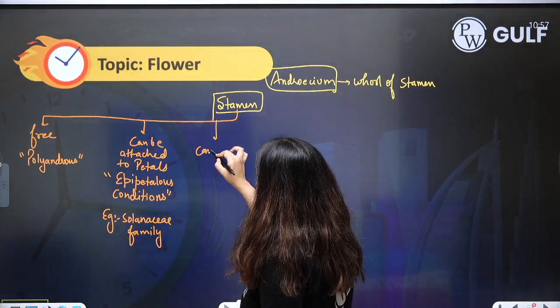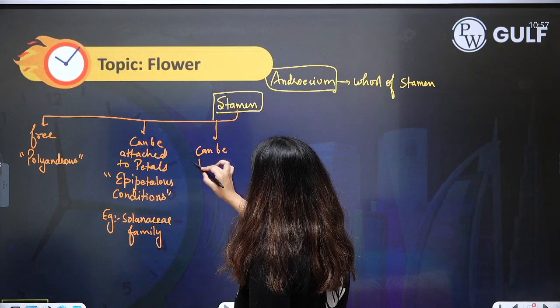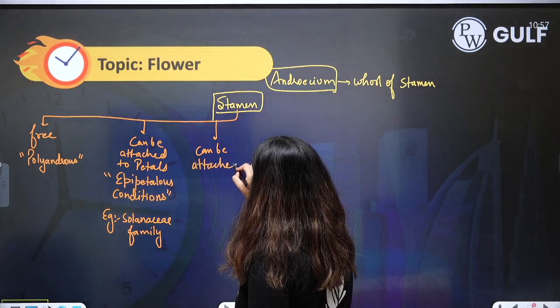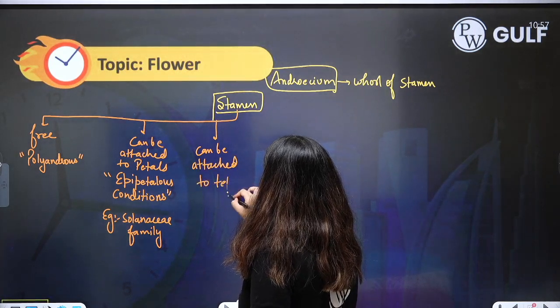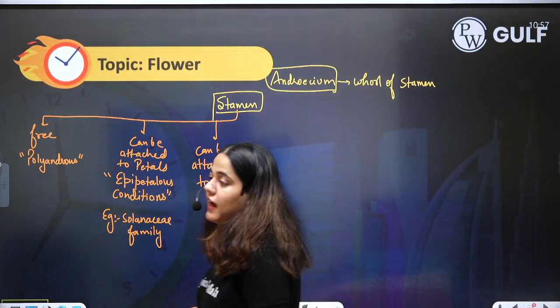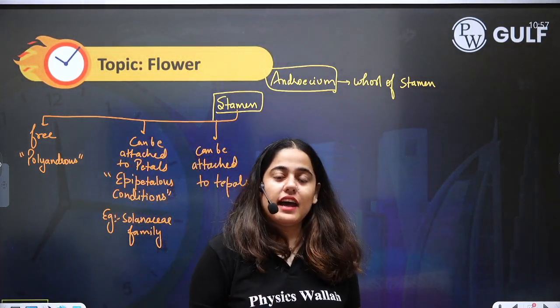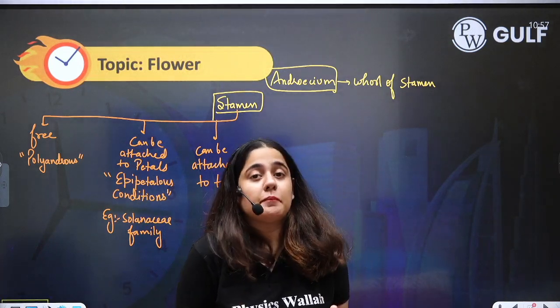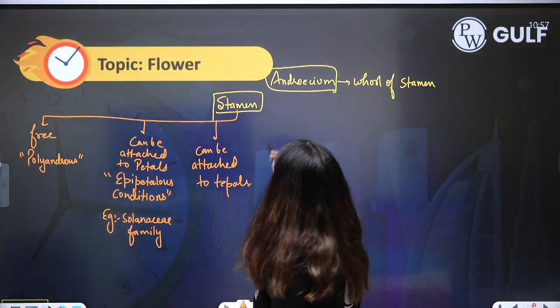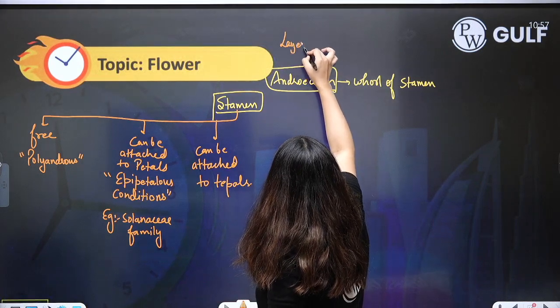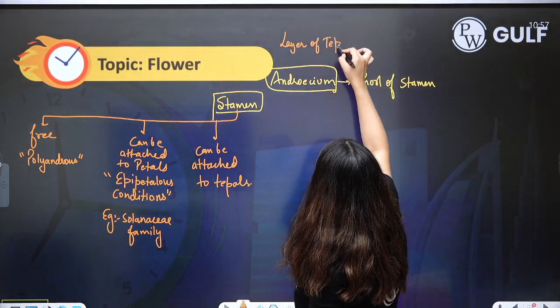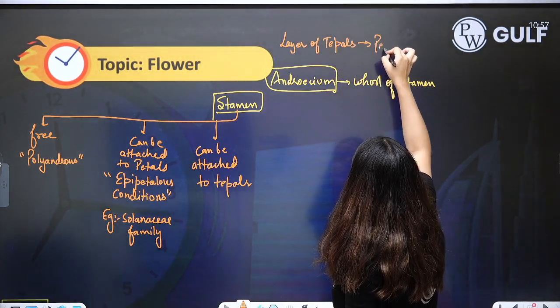Stamens can be attached to tepals. What are tepals? Beta, in plants like lily, the flower doesn't have sepals or petals. The flower has instead a layer of tepals known as perianth. It is seen in lily.